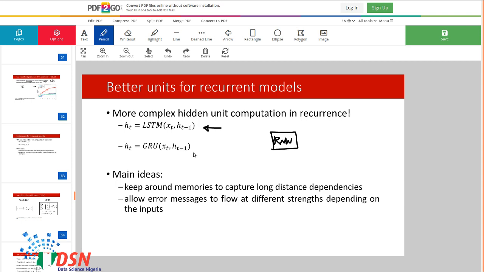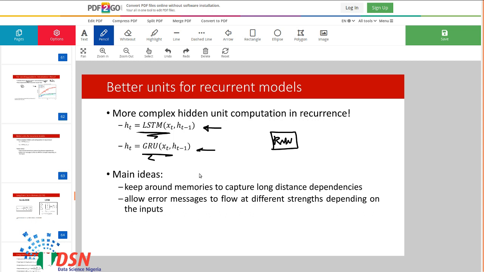We have two major and famous units, one of them is LSTM and the other one is the GRU unit. The main idea is we want to keep around memories to capture long-distance dependencies. So in that case, we want a network that could capture the long-term dependencies.